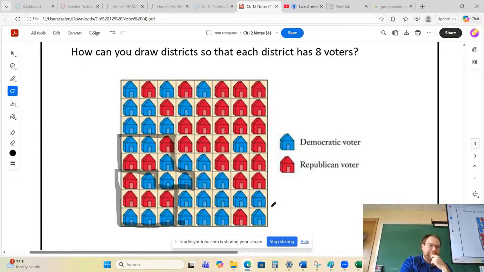we need blocks of 8, right? Okay, let's try that. That's a block of 8.